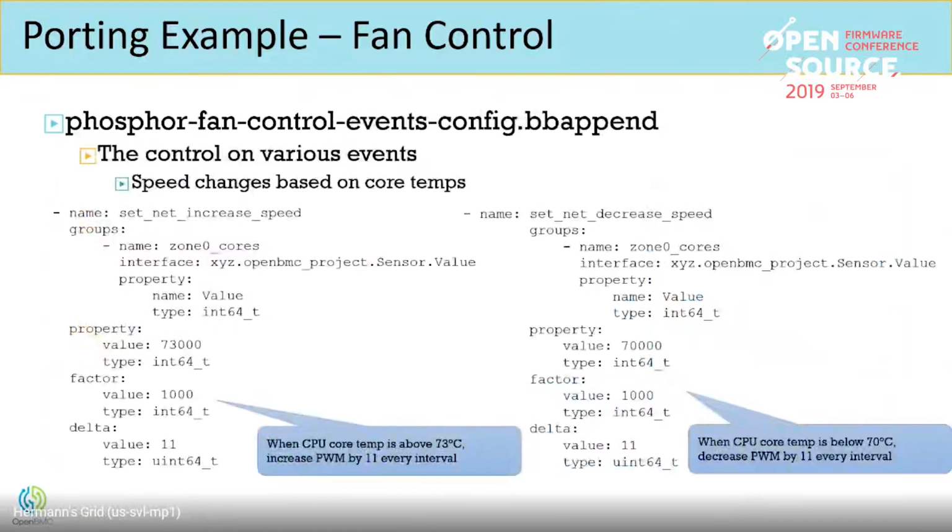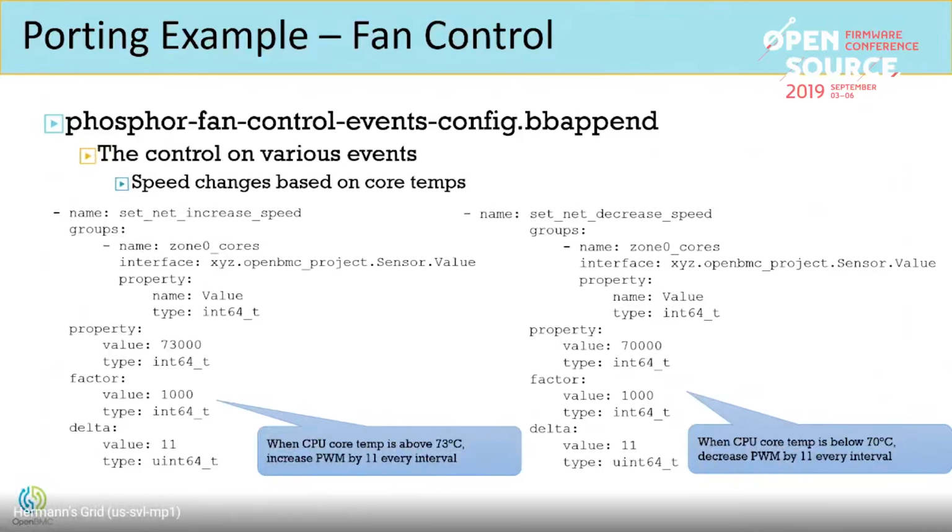Next one is a very complicated one. It defines all the events in which case the fan speed should be adjusted, and by how much. I have two examples here. The first one is to increase the speed based on the zone calls.